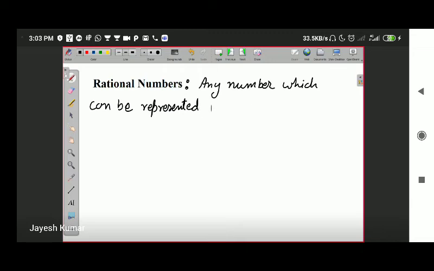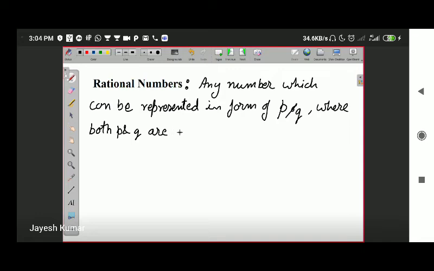Any number which can be represented in the form of p by q, where both p and q are integers and q is not equal to 0.